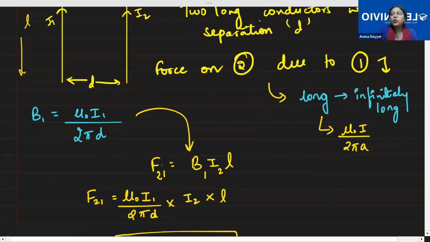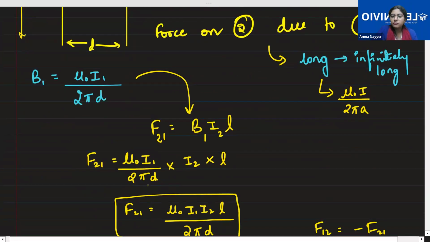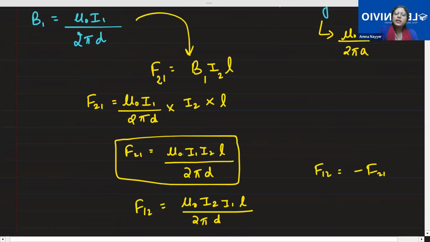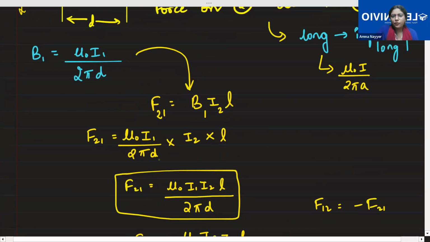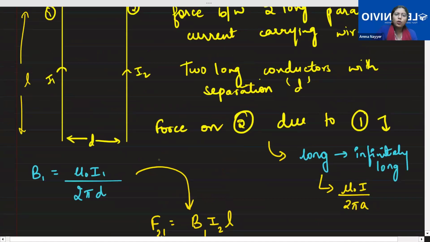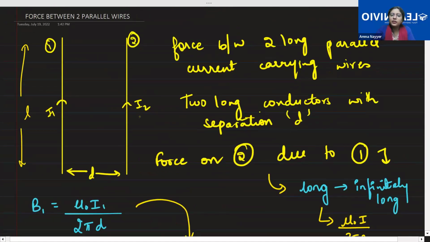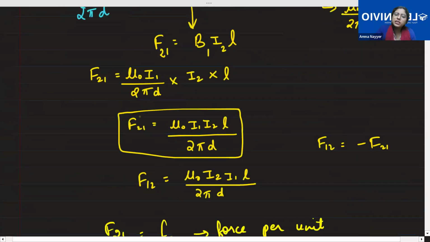So F21 is equal to B1 I2 L. Put the value of B1, I2 is there, length is L. So formula becomes mu naught I1 I2 L by 2 pi d. Okay. So F12 will become mu naught I2 I1 L by 2 pi d. Same thing. For the force of the first on the second, what will be the difference? You will be using I2 here and I1 here. Eventually, when it will be multiplied, it will give you the same formula.